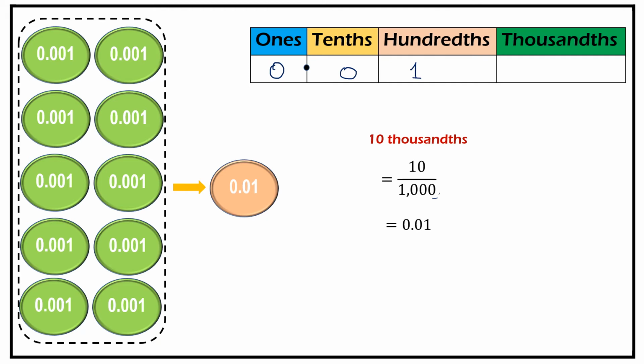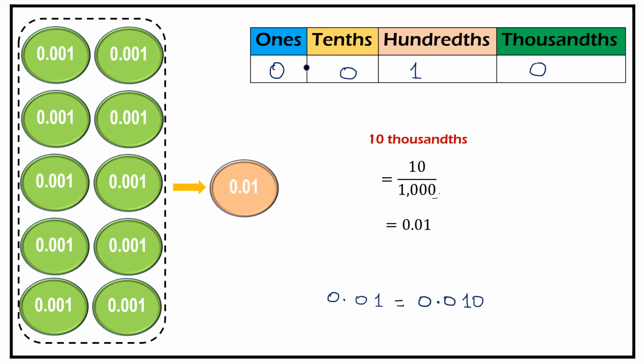Okay, so in the place value chart we can write 0.01. This will be 1/100th, but we can also write a 0 in thousandths place value, but then it doesn't change the meaning. Note that 0.01 is the same as 0.010.